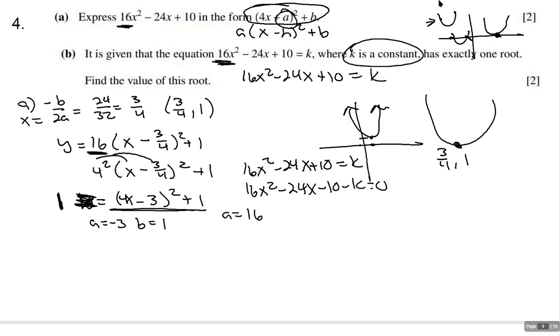A is equal to 16, B is equal to negative 24, and C is equal to negative 10 minus k. All right, so what I want you to do is use the discriminant, make it equal to 0, and find the value of k. It should equal 1. Pause it and start back up again when you're ready.